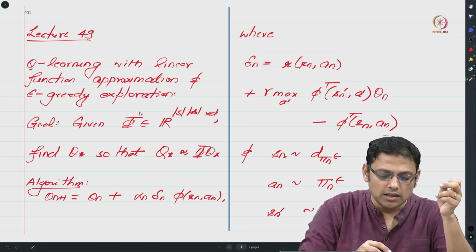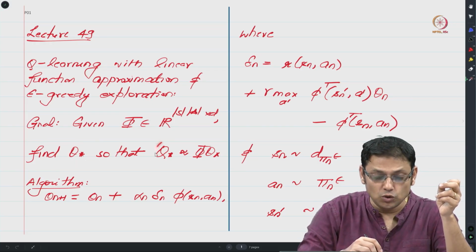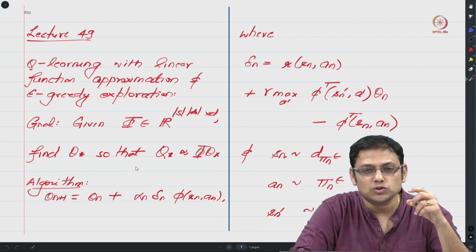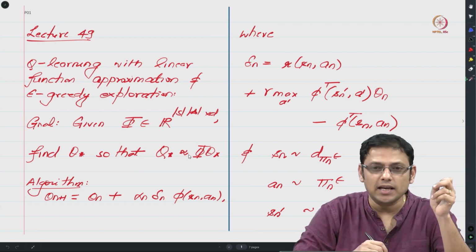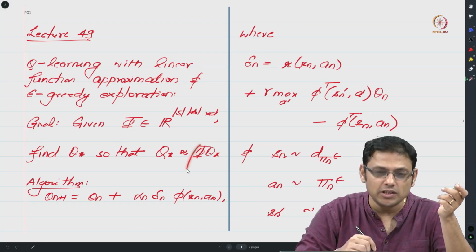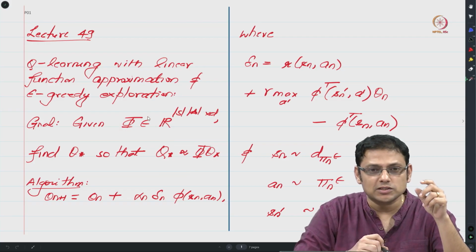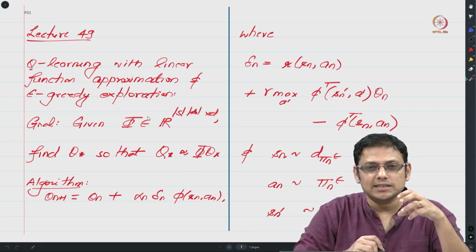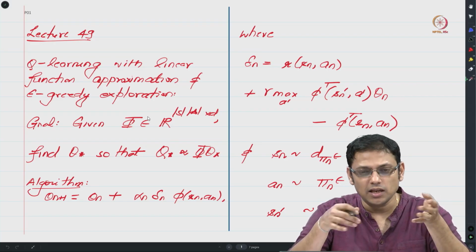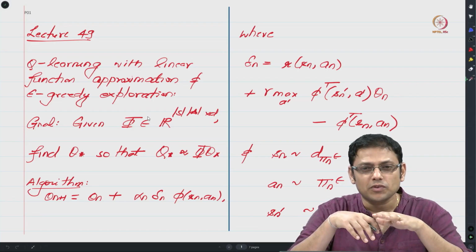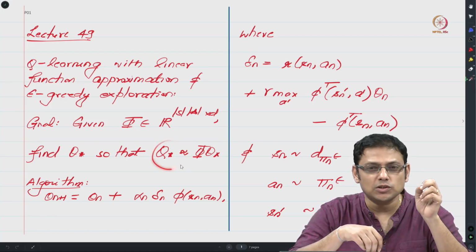And the goal is, given this matrix phi, can we find a theta star such that Q star, which is the Q value function associated with the optimal policy, is approximately equal to phi theta star. So one can see that phi theta star is a vector that lies in the column space of phi. In this way we are searching for a vector in the column space of phi, which is d dimensional, and hence if d is small, we are searching in a smaller dimensional space for an approximation to Q star, right?